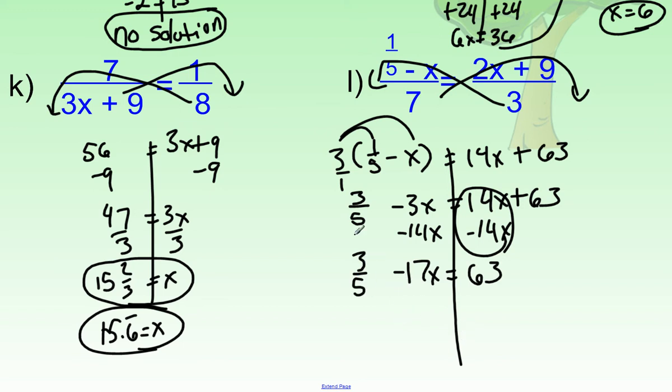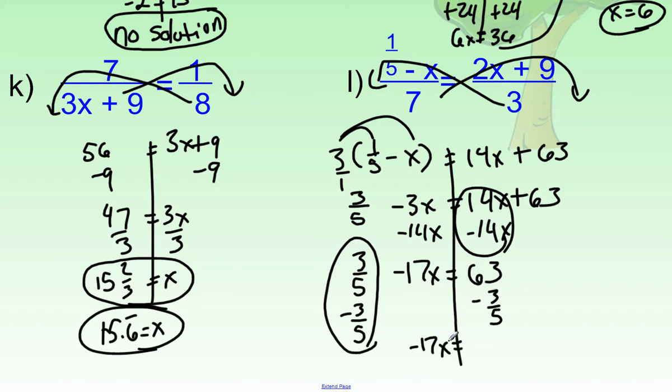I need to get rid of this piece, so since this is positive, I'm going to subtract it away. This is not being multiplied by the variable, so I'm not going to do the reciprocal. Minus 3/5.